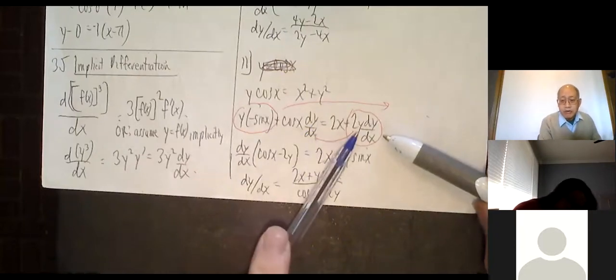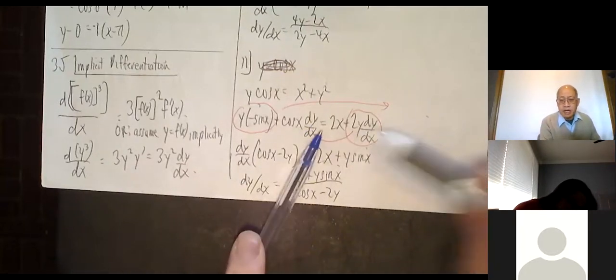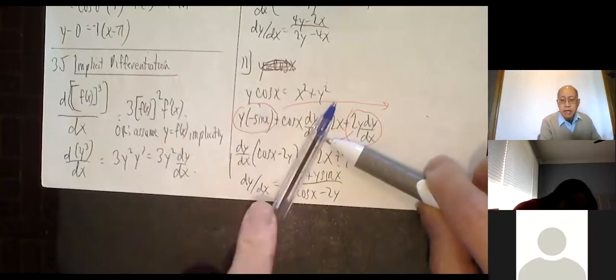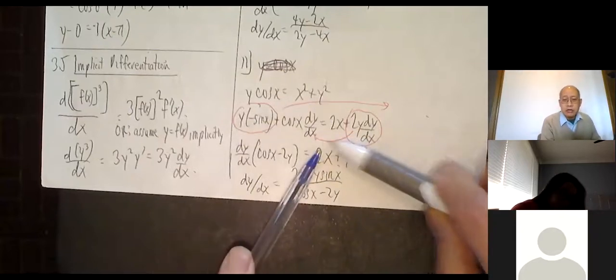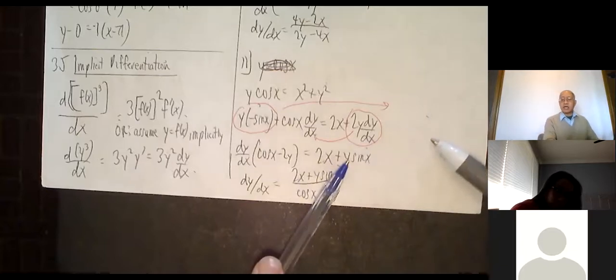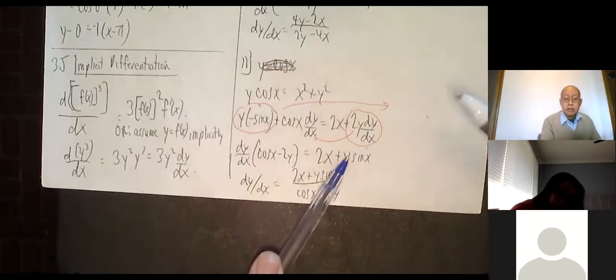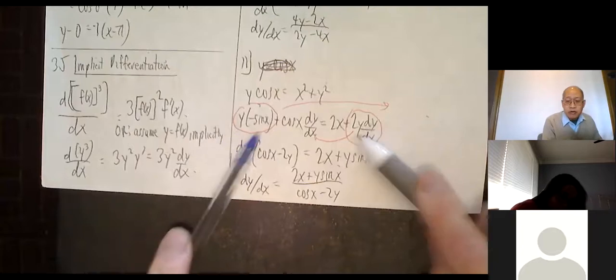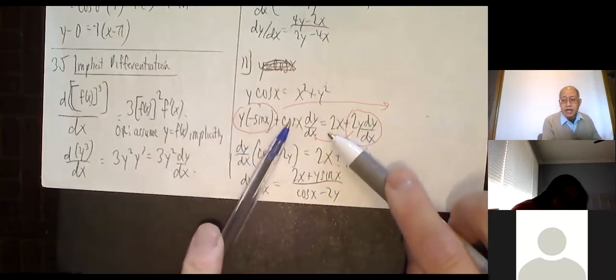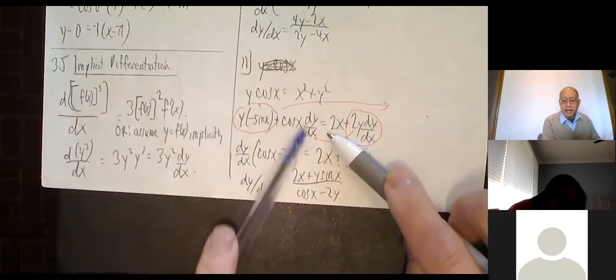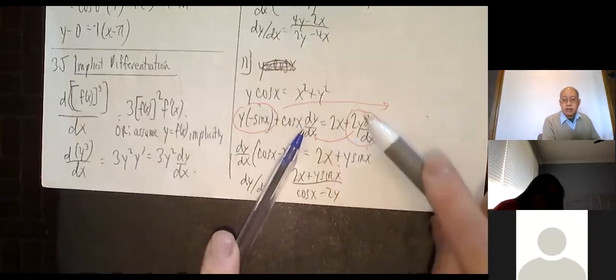Okay, so I'll move this one over, it becomes a negative. Move this one over, it becomes a positive. So the right-hand side now has 2x plus y sine x. Okay, and then if I bring this one over, it becomes a negative. I will factor out the dy/dx. There's a dy/dx here, there's a dy/dx here.